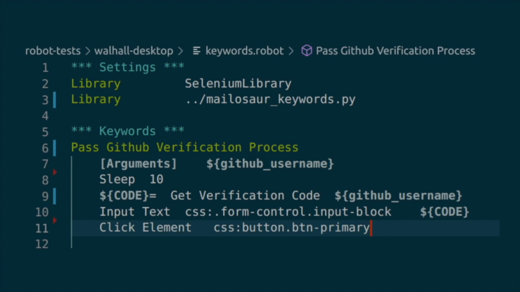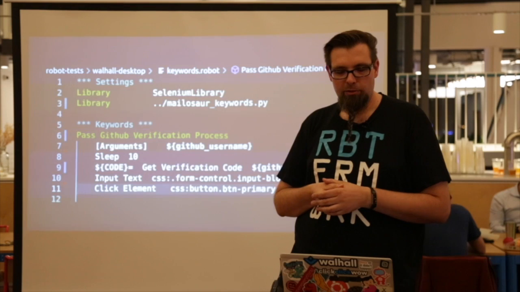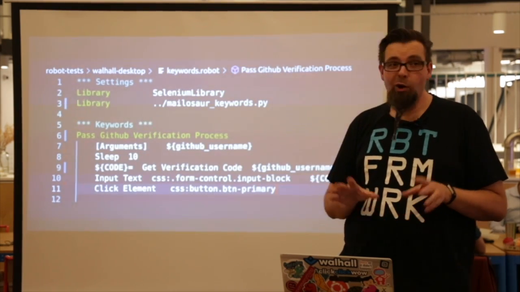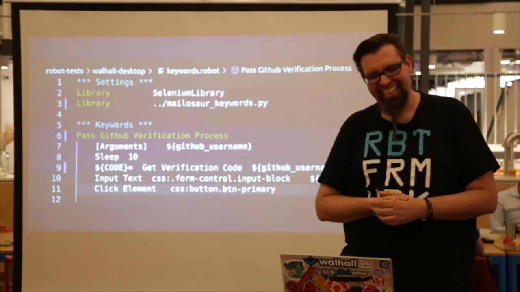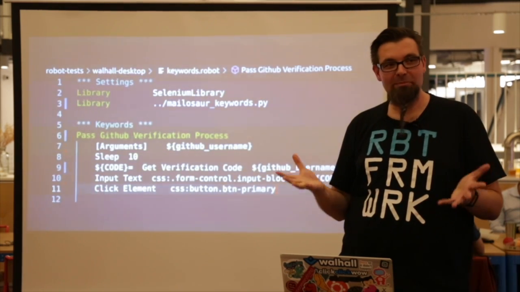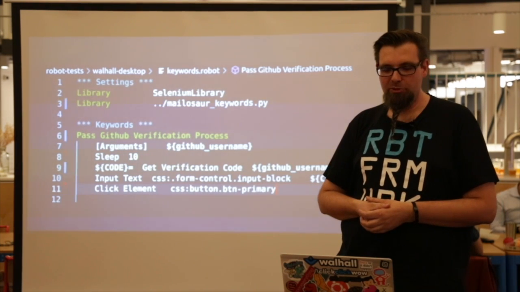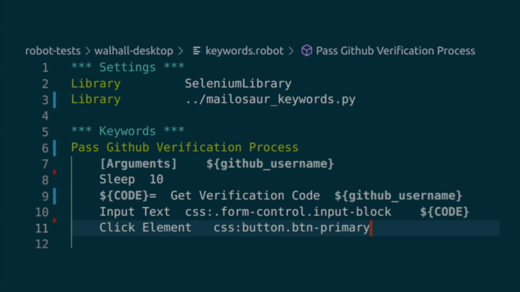And then, again, in my robot test suite, how this is looking, I have a keyword defined, pass GitHub verification process, which I can just call. I need to pass the GitHub username to give it some context. I have a sleep implemented. I'm really sorry, guys. I know it's bad, but those emails can sometimes take ages to arrive, and it's really, in my opinion, still a hassle to deal with it. But once it's there, I can just run my custom keyword definition, get verification code.